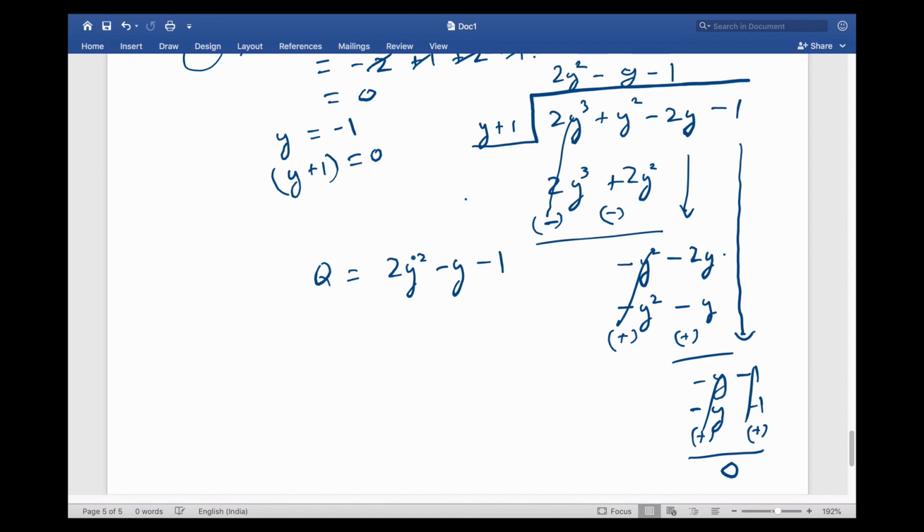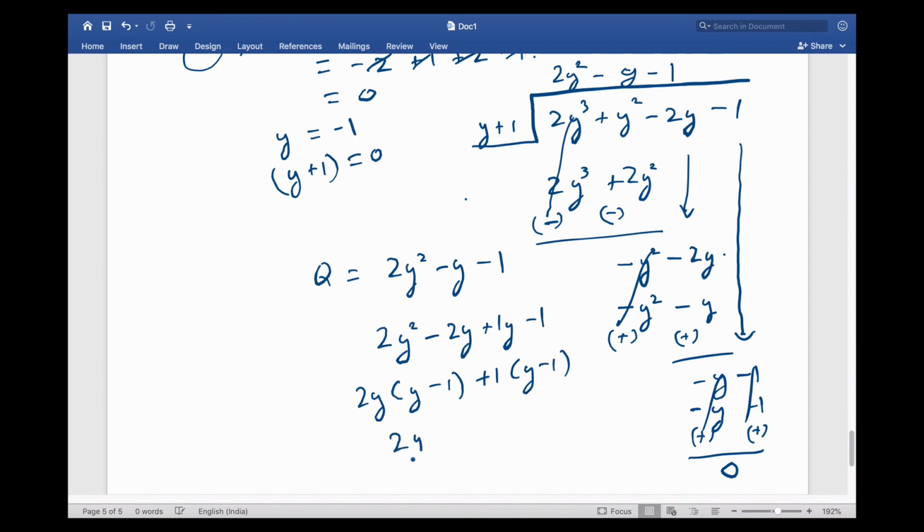So now when I multiply, I want minus 2y square. When I add or subtract, I want minus 1. So it can be easily solved this way. 2y square minus 2y plus 1y, we can write, minus 1. When I solve it, it will become the same equation. So I get 2y common here, y minus 1 as common, and I will be left with y minus 1.